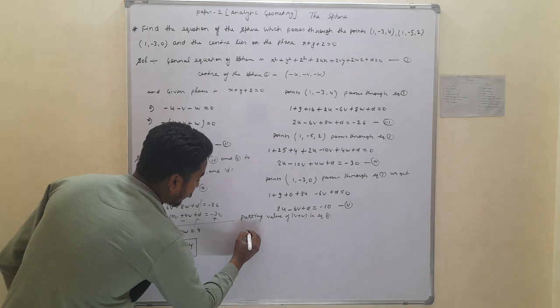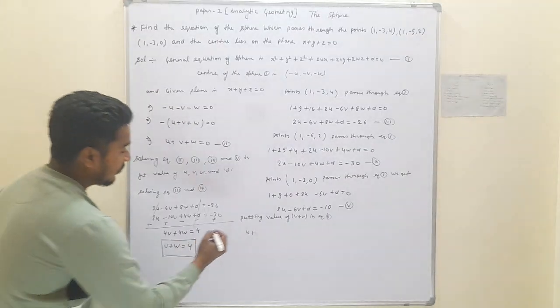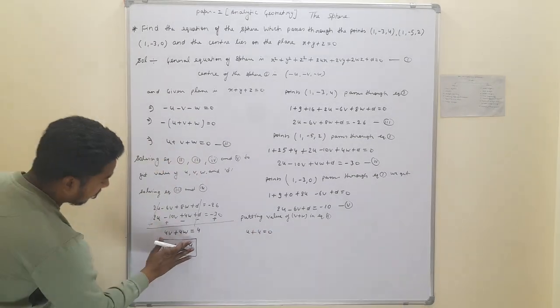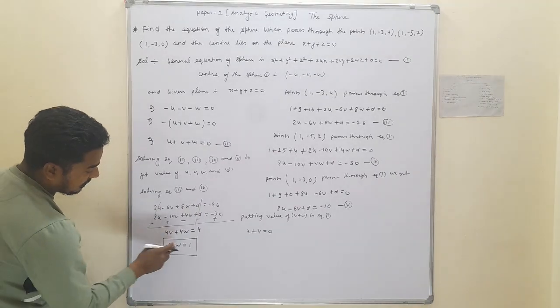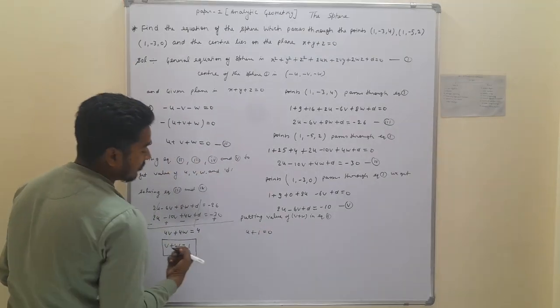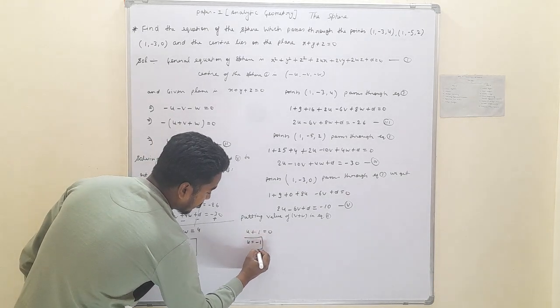This is u plus, in place of v plus w, we have to calculate it, 4 plus 4 is equal to 0. One second, sorry, this is 1, not 4. So u plus 1 is equal to 0, we get u is equal to minus 1.